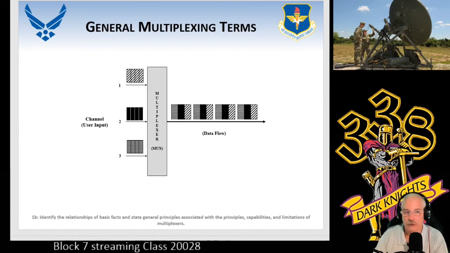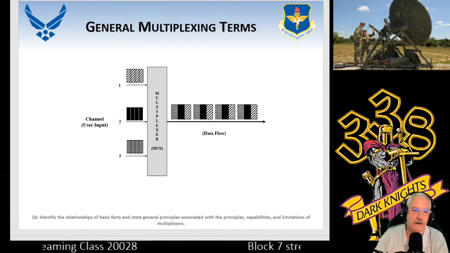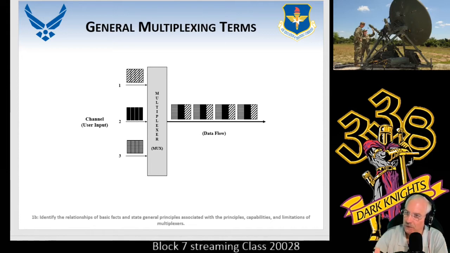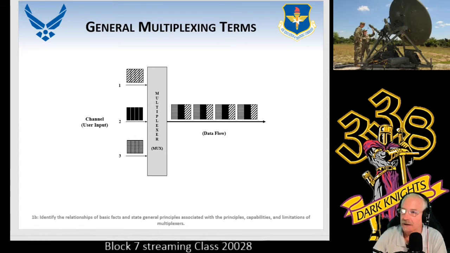Could be many users. So this is an idea about how a multiplexer works. You have channels 1, 2, and 3, and you can see the output where we have diagonal bars, solid bars, and horizontal bars. Each one of them goes through a sequence of 1, 2, 3, 1, 2, 3, 1, 2, 3. As it forms it, it sends it out. That's your aggregate. That's the data flow they talk about.